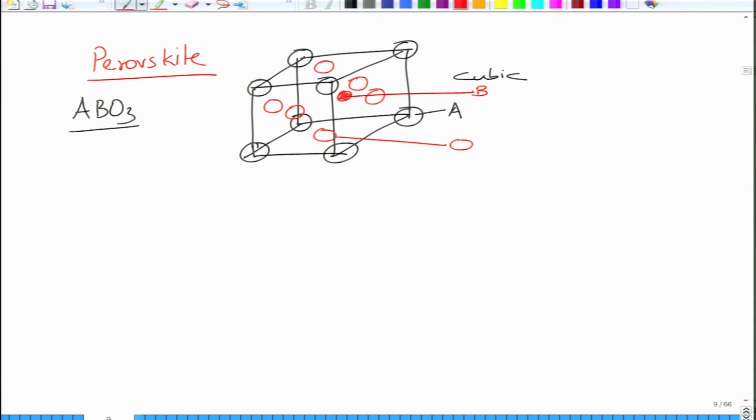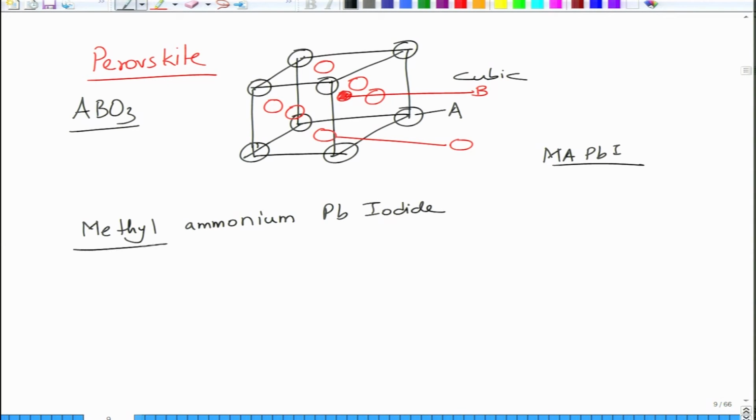So, in this case, the perovskite dye which is commonly used is called methyl ammonium lead iodide, MAPbI3, right. Okay.